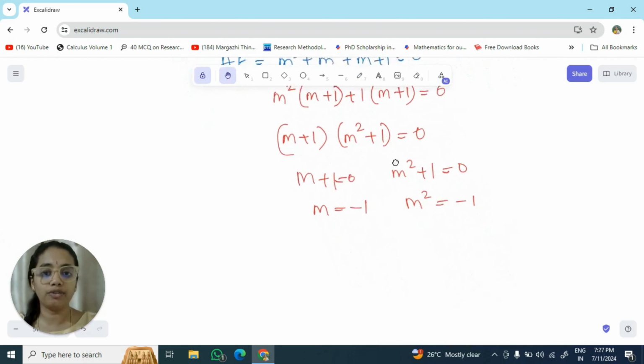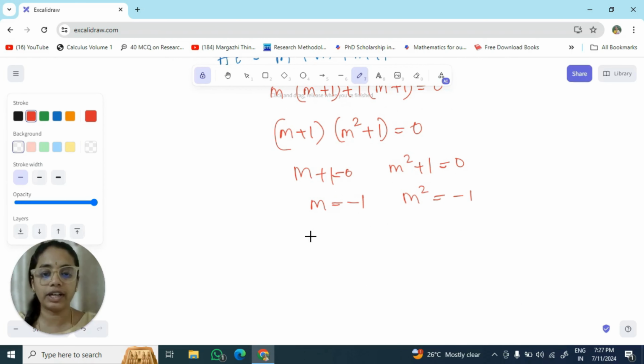What is square root of negative 1? Square root of negative 1 is plus or minus i, right? Complex roots. Now to write the CF of the given roots, how do we write the CF? We write it as a e power negative x plus, whenever we have plus or minus i, how do you write the CF?